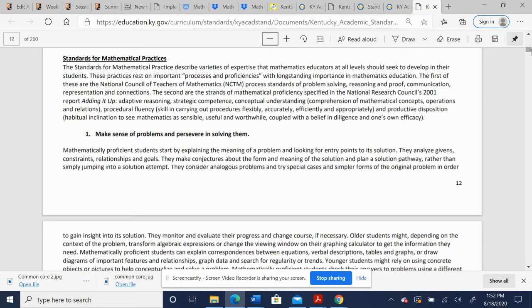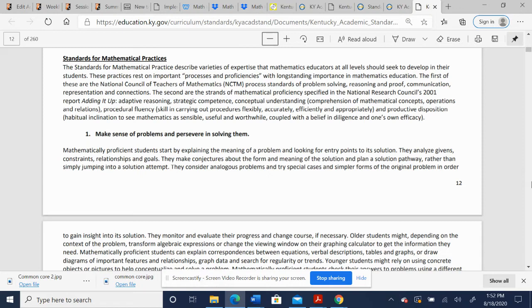Standards for math practices, again, are not about content. I can do standards of math practice, several of them, sometimes even within any individual or single content that we teach. These are things that should be happening in your classroom, no matter what grade you're teaching, no matter what content they're learning about.